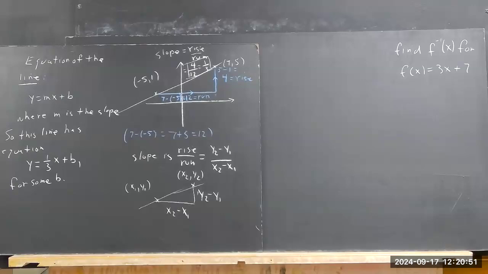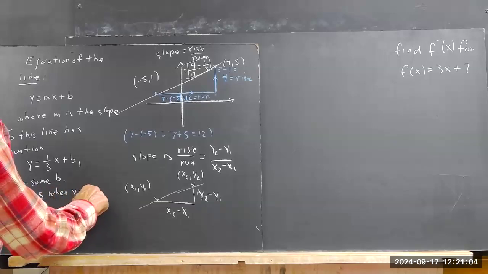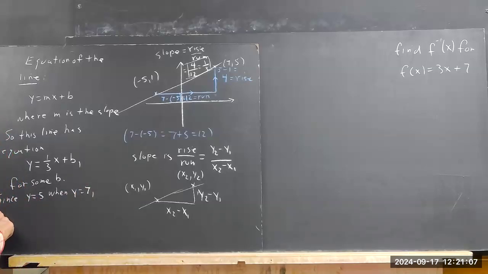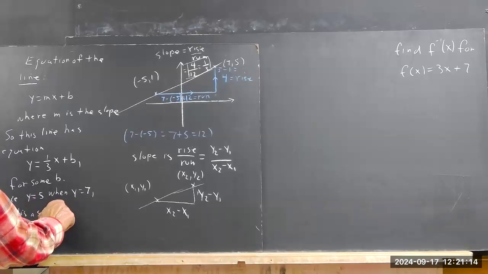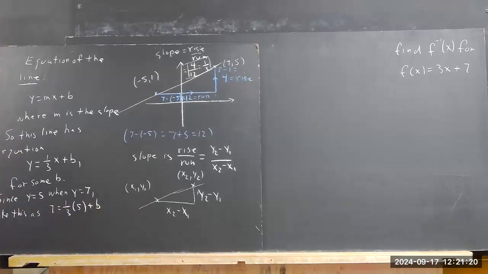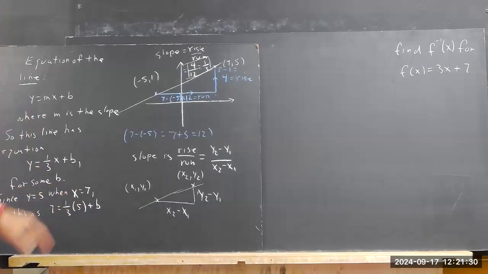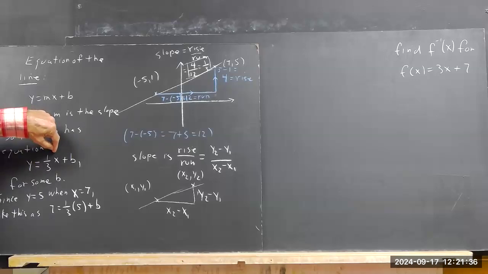Now, since y equals 5 when x equals 7, y equals 5 and x equals 7, we can plug in 5 for y and 7 for x.